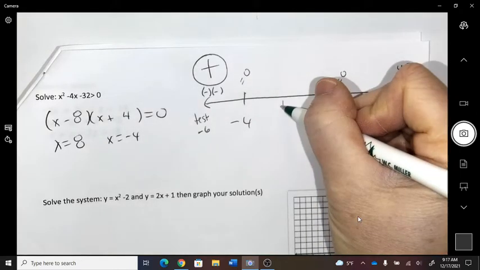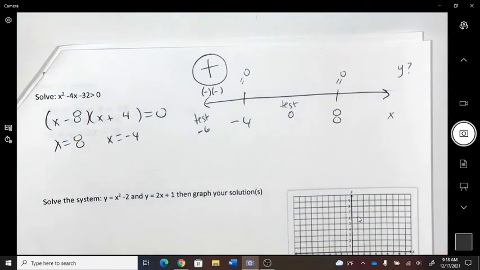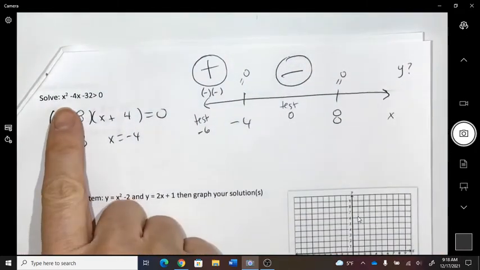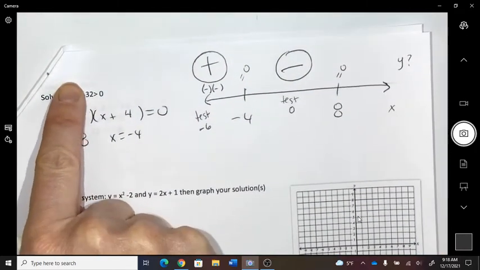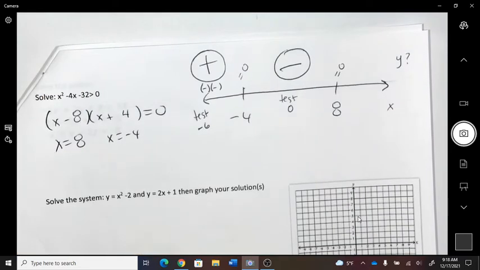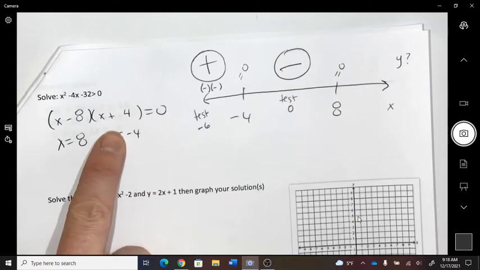Okay, I'm going to test an x value in this zone. And I'm going to pick 0 because it's in between there. At a snap of a finger, I know it's negative because if x was 0, I would have -32. Or if you plugged it in, this bracket's negative, this one's positive.